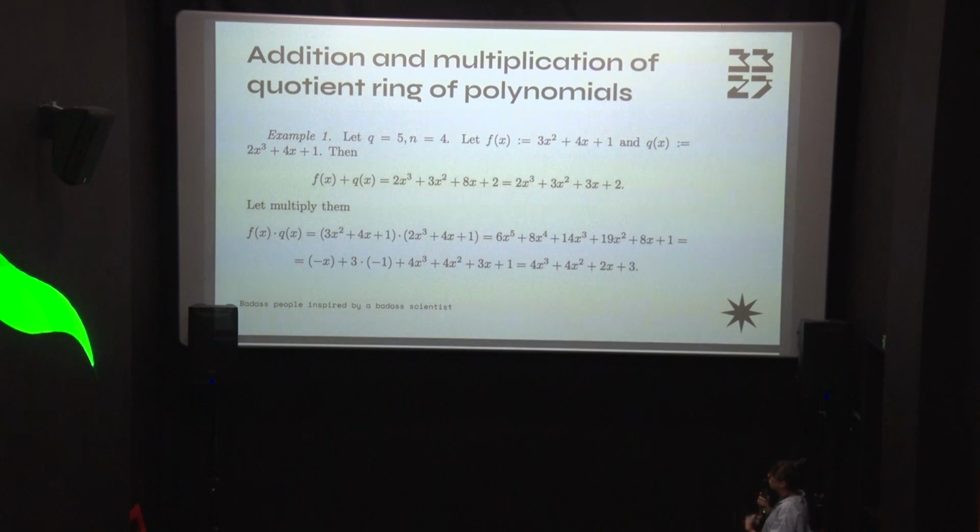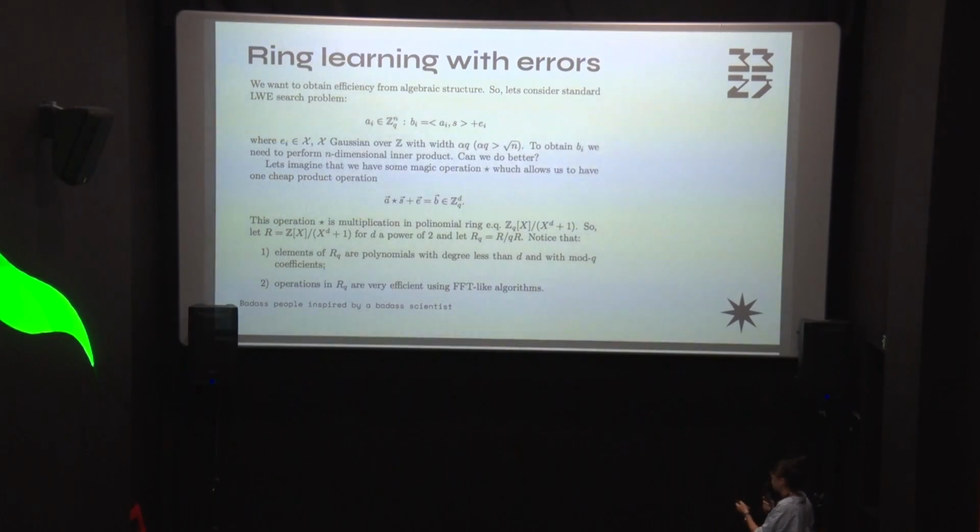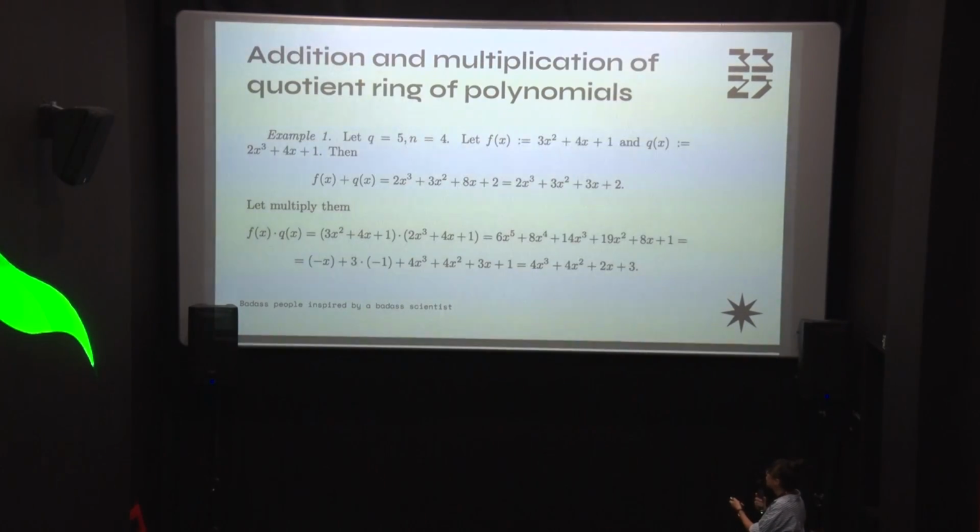And let's multiply them, and we will obtain this result. But here, we can go back and see. We are working with a ring of polynomials. So when we have x to the degree d and add 1, that result needs to be 0. So here, x to the fourth, because fourth is n, will be minus 1.